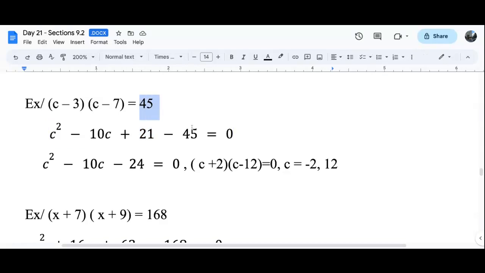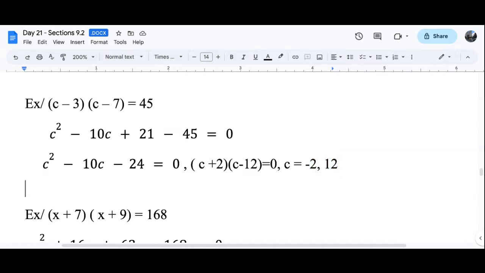Then we move 45 to the same side. That becomes negative 45. So now we have 0 on the right-hand side. Then it simplifies to c squared minus 10c minus 24. Well, minus 24 can be factored as positive 2 and negative 12. So we have two solutions for c, negative 2 and 12.